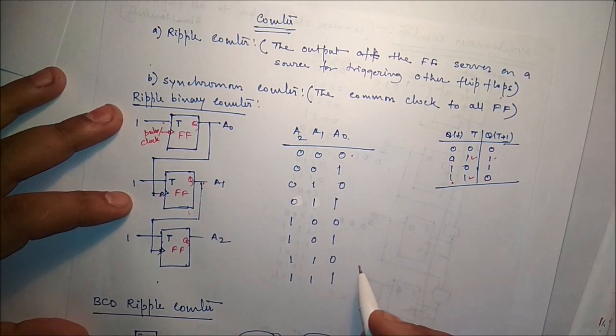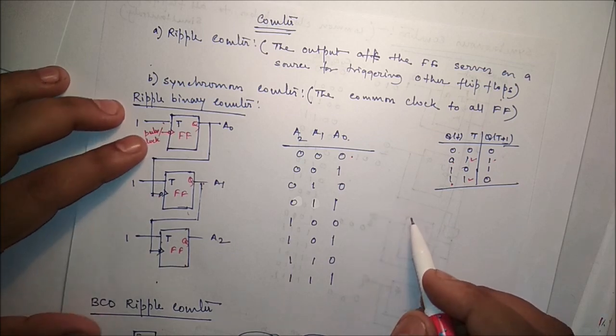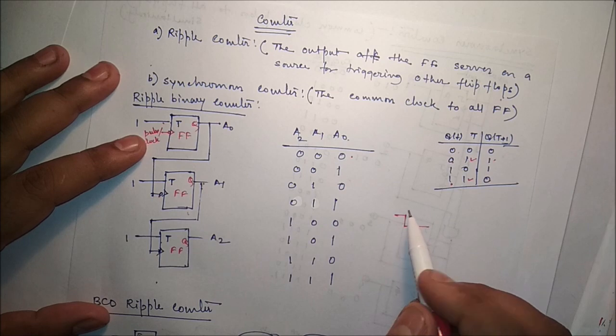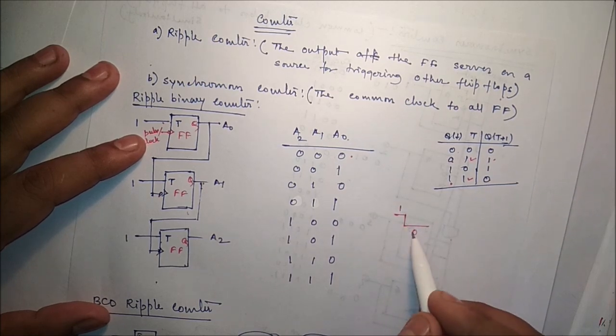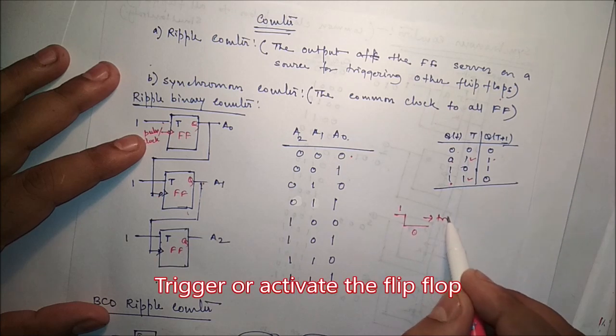Now assume it's a negative edge flip-flop. That means negative edge means what? If it moves from 1 to 0, then it will trigger the flip-flop.